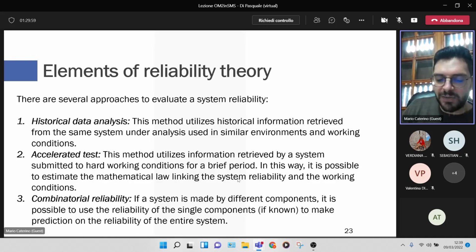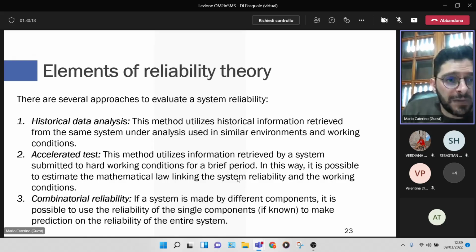So I can retrieve data from similar or from the same systems used in similar working conditions if I don't have data related to my working conditions.